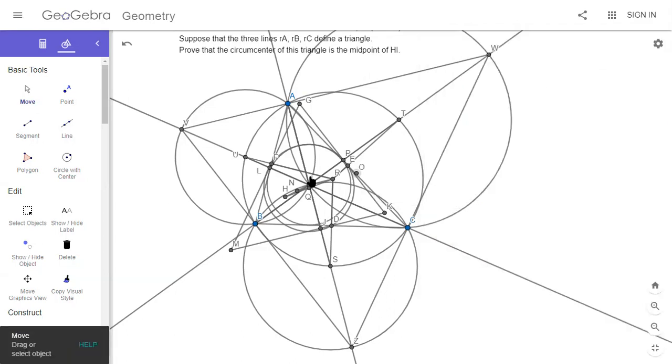So it looks collinear with the other. Let's see. Oh no. But do I, R and O look collinear?